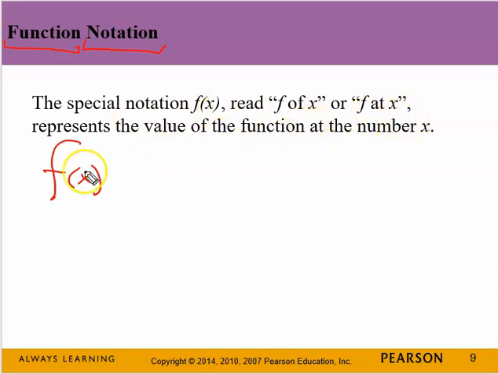That represents the function notation of something, which is what the value of that x would be generally in this rule that they will give us. We've seen a couple of examples of this already.